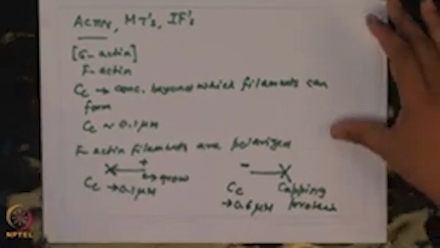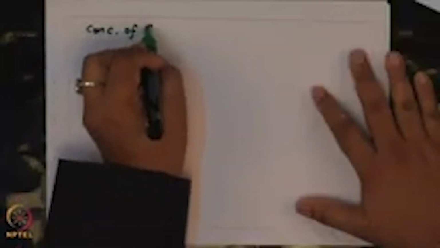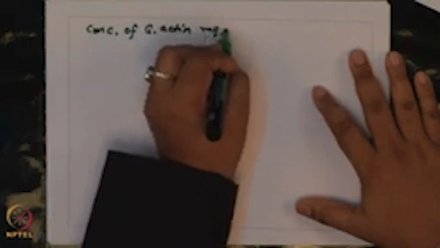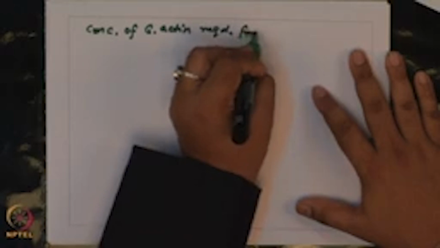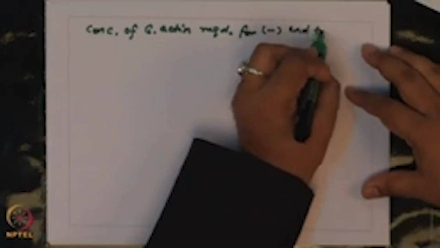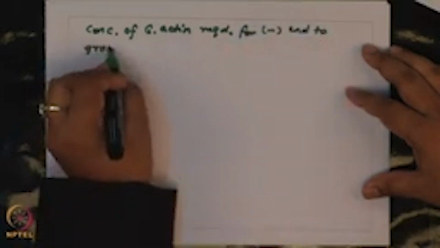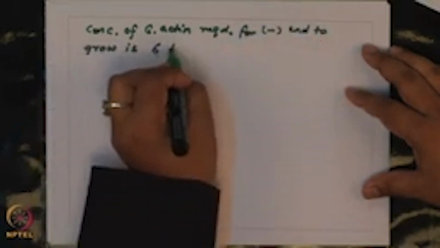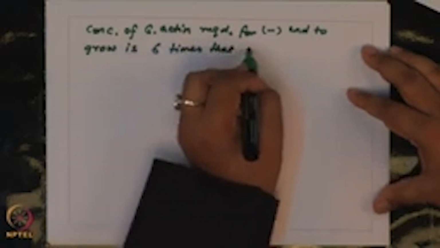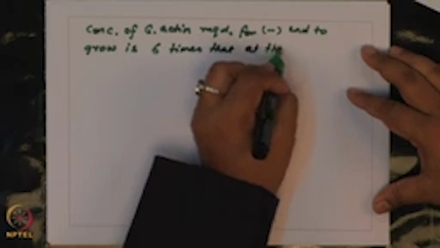So, let us say you have two ends. The concentration of G actin required for the minus end to grow is 6 times that at the plus end.